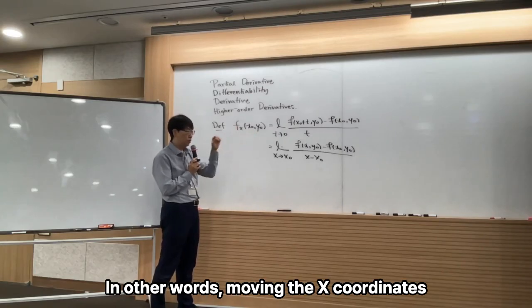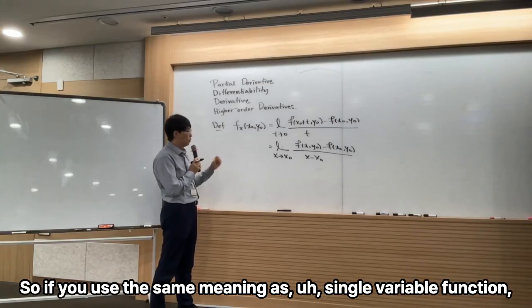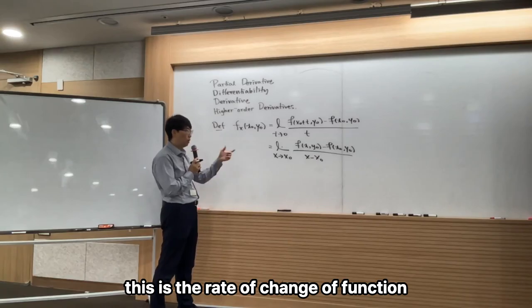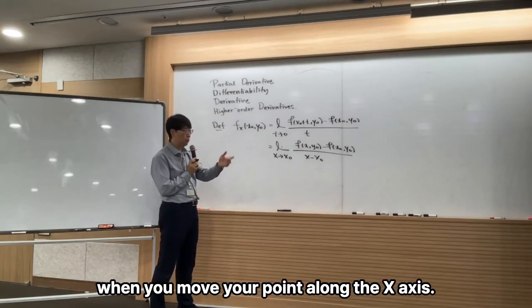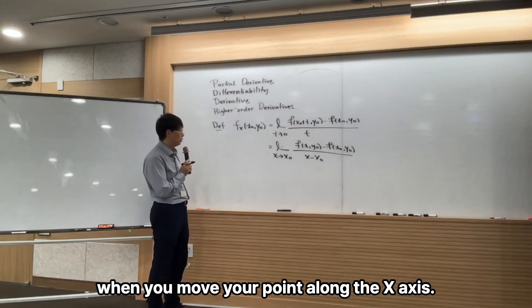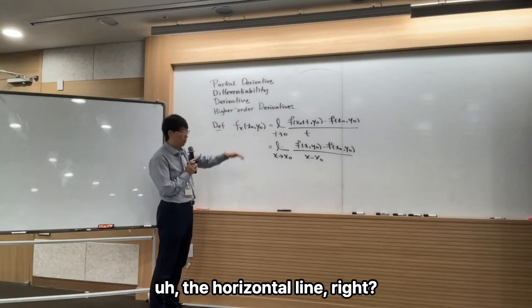In other words, moving along the x-axis. If you use the same meaning as a single variable function, this is the rate of change of the function in terms of x, the rate of change of the function when you move your point along the x-axis. Basically not really the x-axis, but the horizontal line, right?